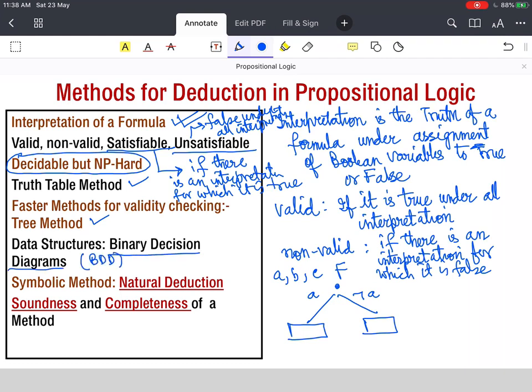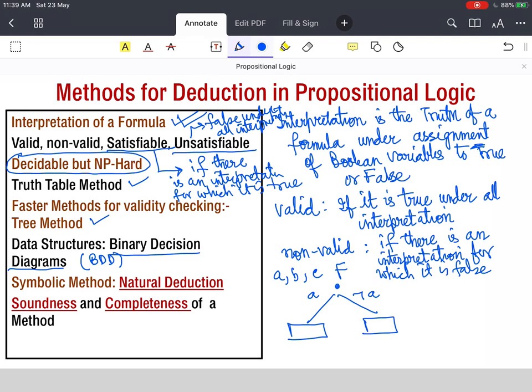There are other data structures, of which one famous one is the binary decision diagram, which can encode such Boolean formulae, and binary decision diagrams under certain cases of the same ordering are canonical. That means two formulae of the same Boolean expression under the same ordering will have identical binary decision diagrams.